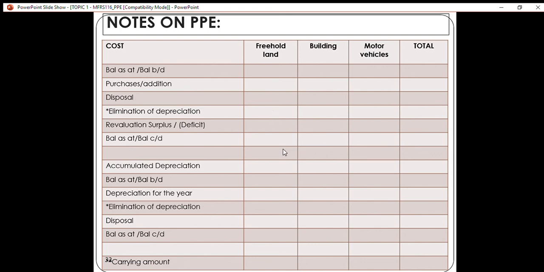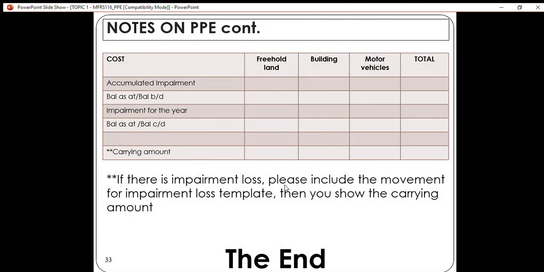And when there is an impairment loss, you need to include this template on the movement for impairment loss, to show the carrying amount of the PPE. So when you have an impairment loss, you have to include this template for the movement for impairment loss of the PPE.